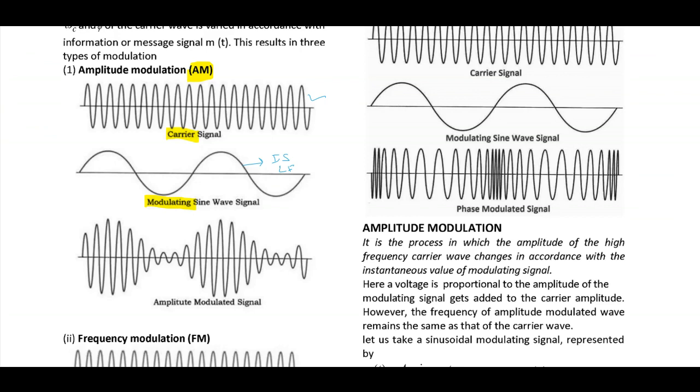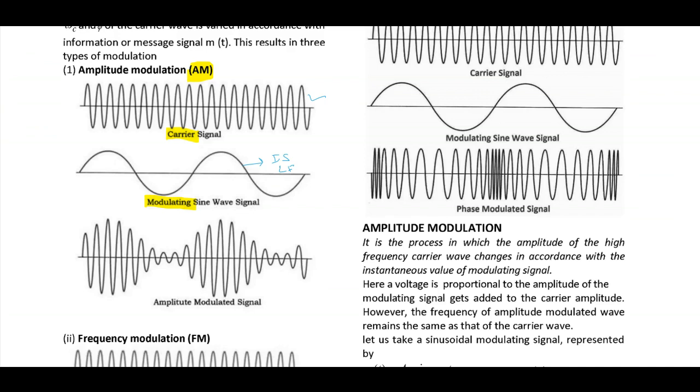Now, we vary the amplitude of this carrier signal with respect to this. You can clearly see here that the amplitude of the information signal is rising. Same you can see, now this wave has been changed into this.